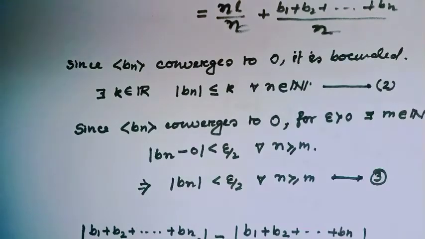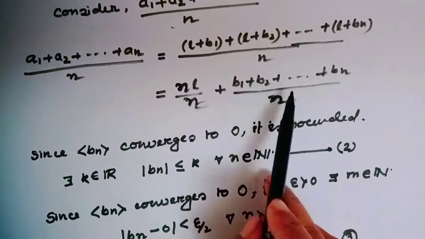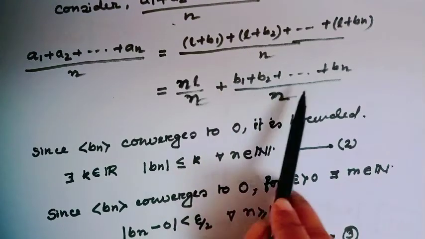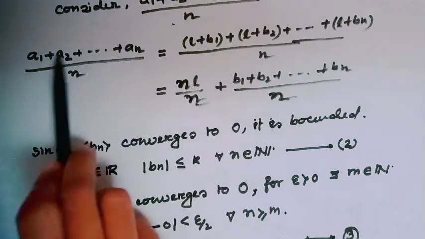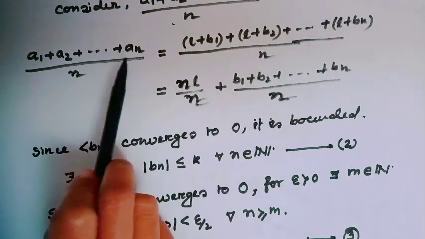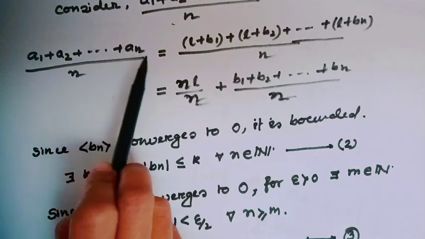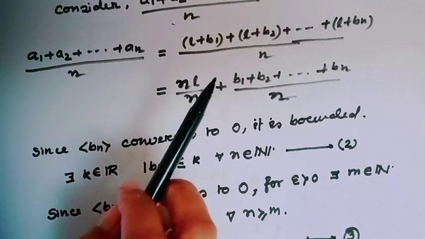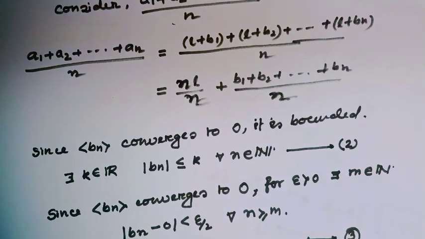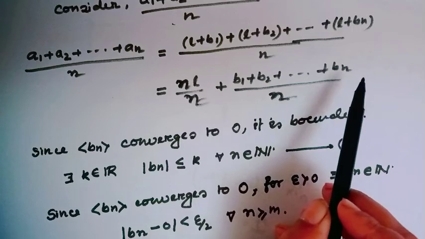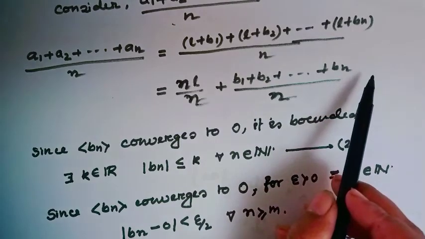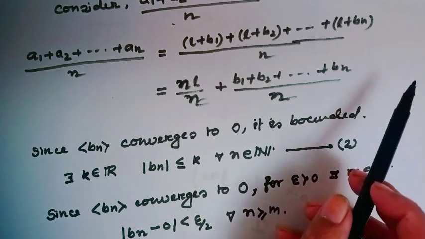From this line, if this converges to 0, then a1 plus a2 up to an over n must converge to L. That means I have to prove this term converges to 0.